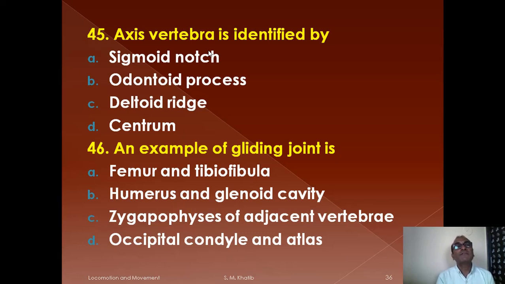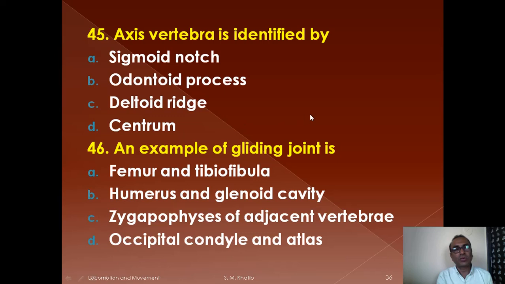Question number 45. The axis vertebra is identified by. How do you identify the axis vertebra, which is different from all other vertebrae? Of course, the atlas you can identify because it is ring-like. All other typical vertebrae may have slight differences, but the axis can be easily differentiated from all other vertebrae based on what? A, sigmoid notch. B, odontoid process.